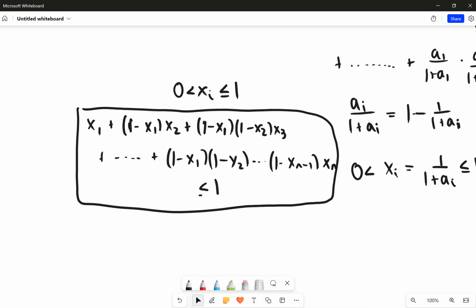And so now that we have these values of xi less than or equal to 1 and greater than 0, and we have 1 minus x1 in the equation and we continue having them, this motivates us to consider using probability.